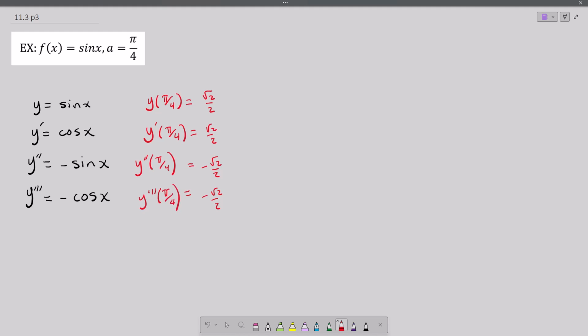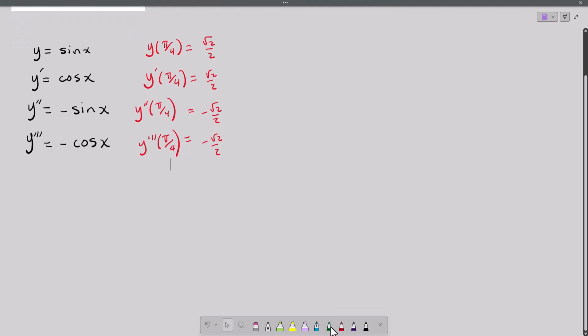That gives us the building blocks for our coefficients. Our coefficients are those numbers, but then we have to modify based on that factorial business.